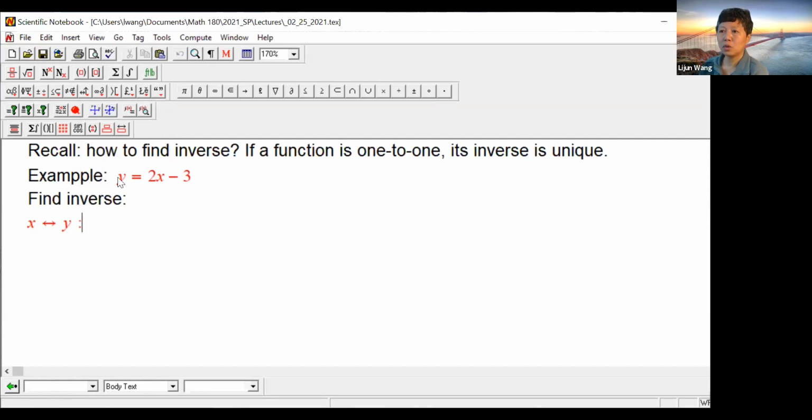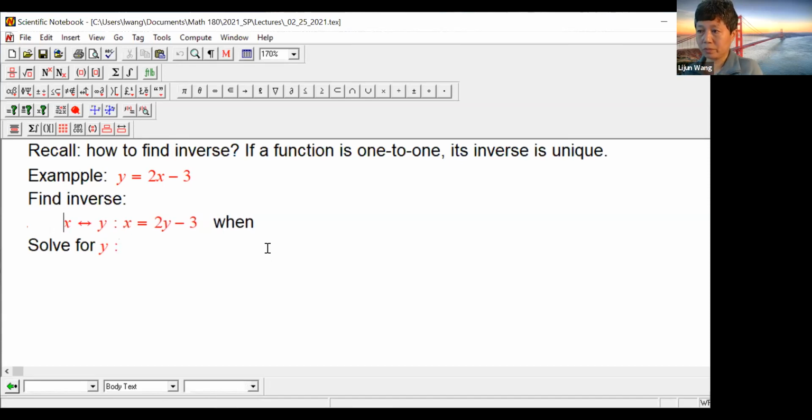So we swap x and y. What does it mean? x becomes y, y becomes x. And of course, the next step is we solve for y. That's what you learned before, didn't you? You swap and you solve for y, yes?